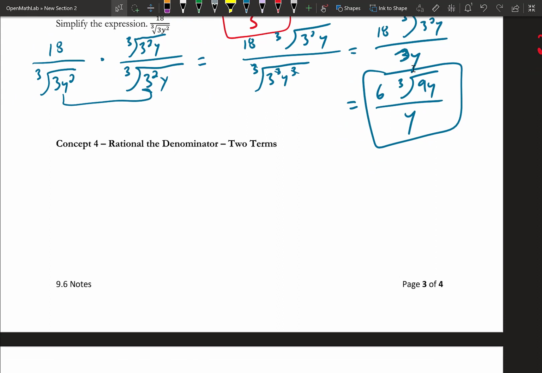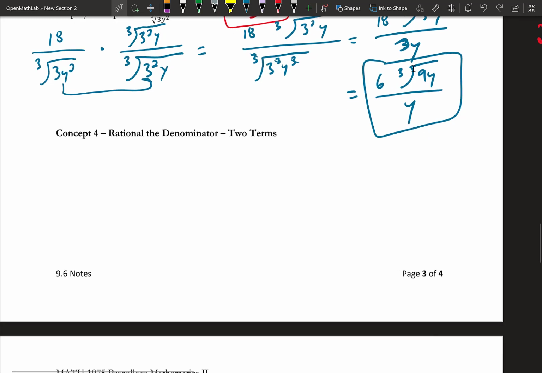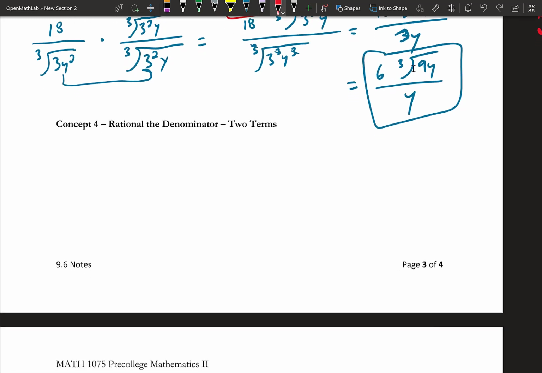Right, so the next concept is the same idea, but what happens when we have two terms, right? So we need to recall something really quick that we'll need. If we have a difference of squares like a plus b times a minus b, remember this equals a squared minus b squared, right? And we looked at that before with multiplying polynomials, but also with factoring, right?